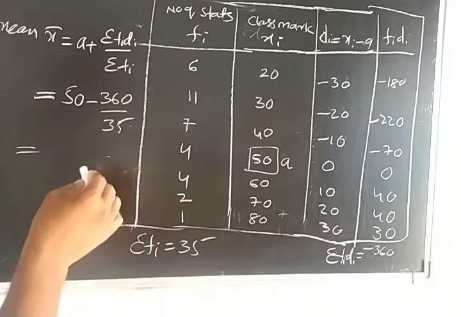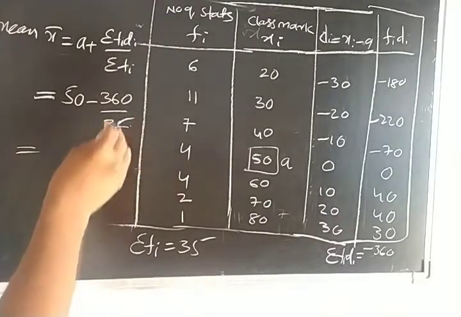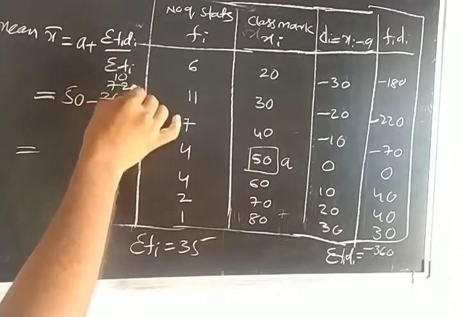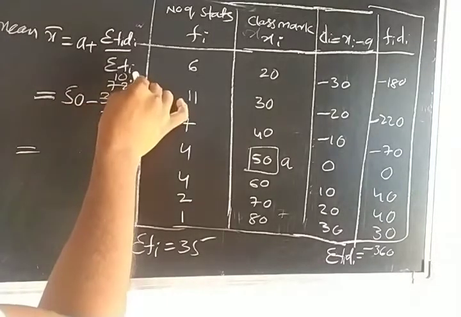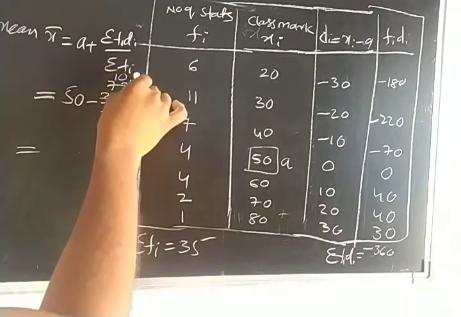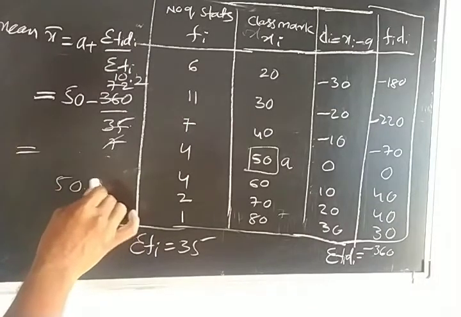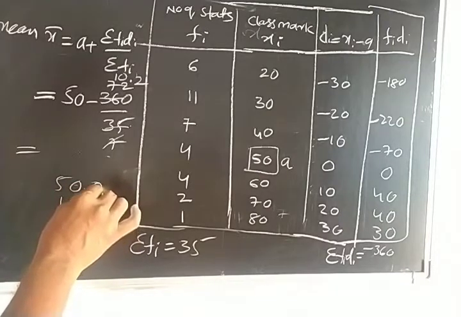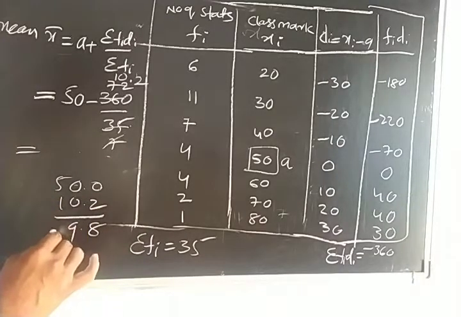360 by 35: 5 7s are 35, 5 2s are 10, 72 by 7 is 10 point 2. Subtracting 10.2 from 50, we get 39.8.